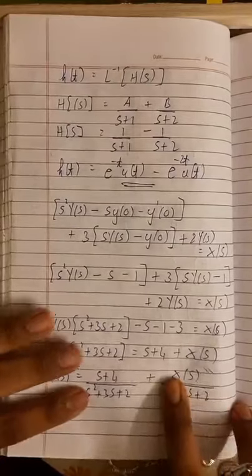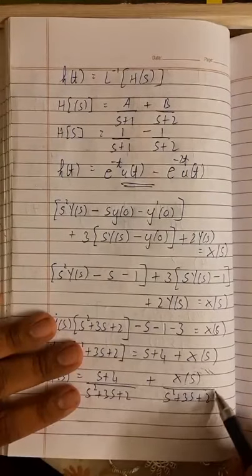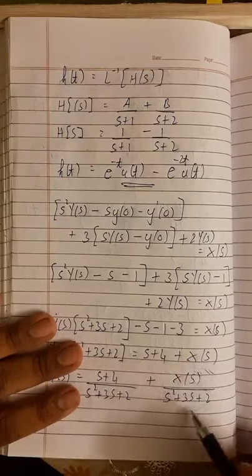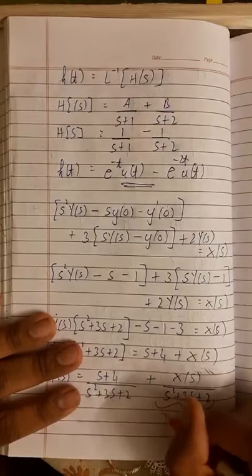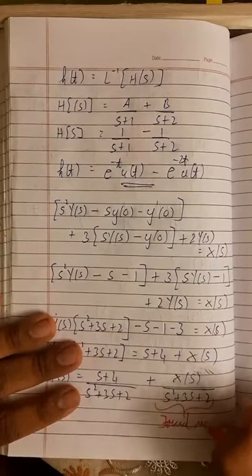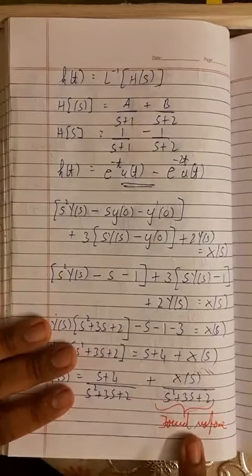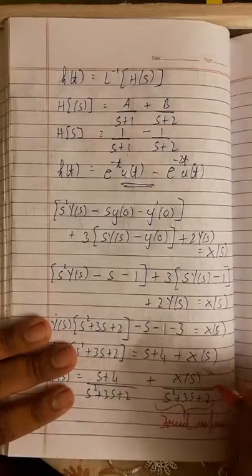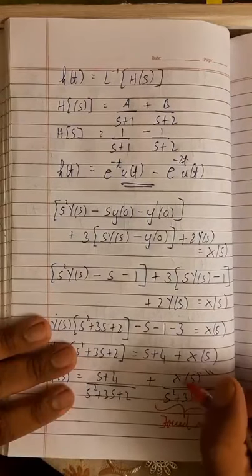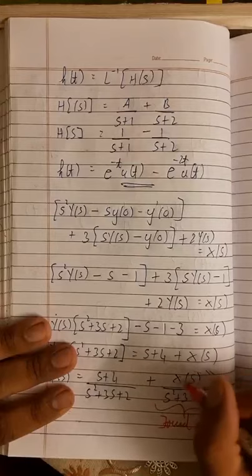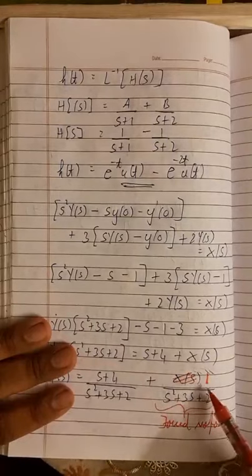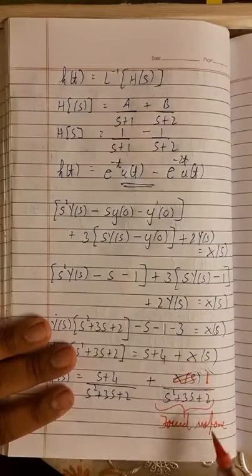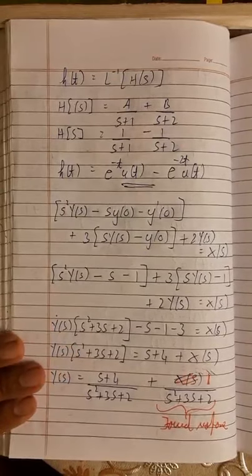This is what you call your forced response, or zero state response. If I substitute X(s) = 1, because the Laplace transform of a unit impulse signal is 1, this becomes 1/(s² + 3s + 2), which is nothing but your transfer function. That is called your forced response, or zero state response.